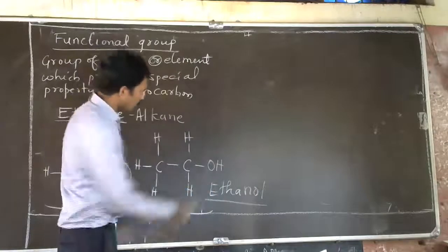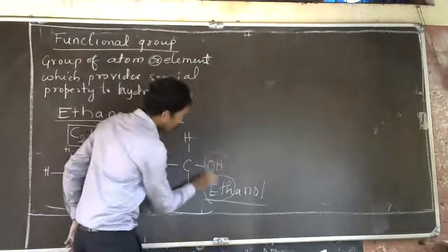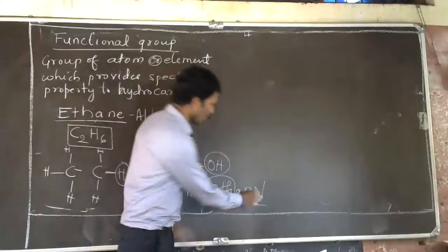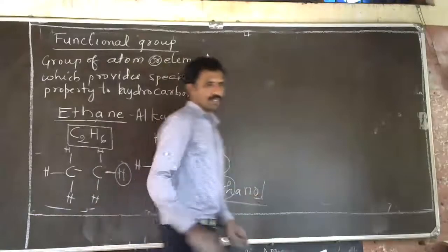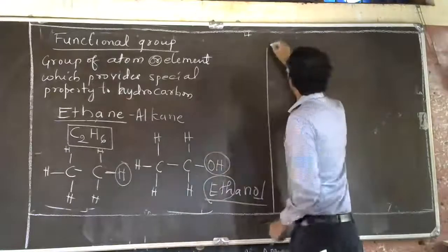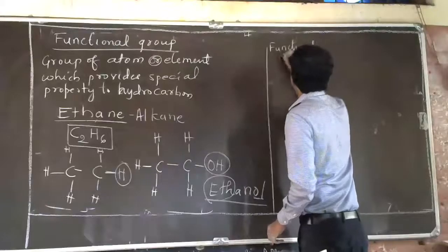See, eth means how much? Eth means we have two carbon atoms. When an OH group is added, we use the suffix called OL. So I'll write it over here. Say, functional group.